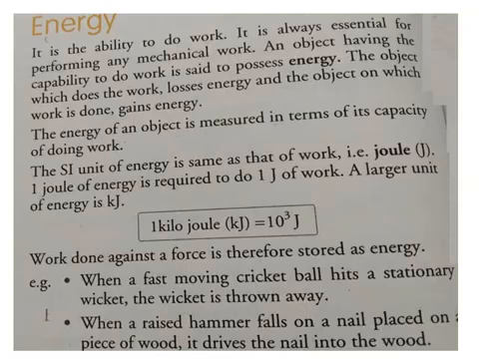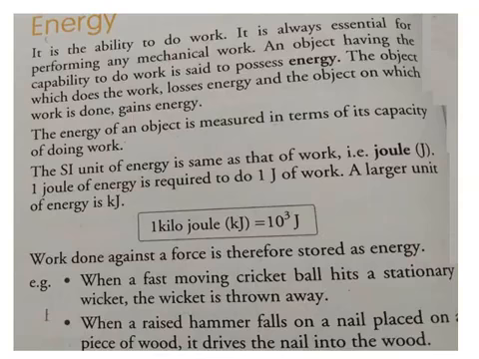The SI unit of energy is same as that of work, that is joule, J. 1 joule of energy is required to do 1 joule of work. A larger unit of energy is kilojoules, where 1 kilojoule is equal to 10 to the power 3, that is 1000 joules. Work done against a force is therefore stored as energy.